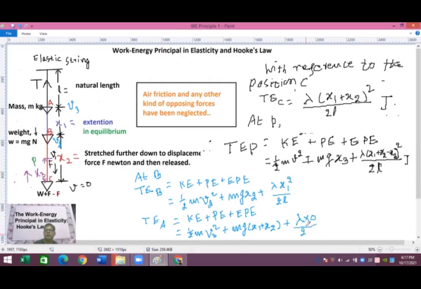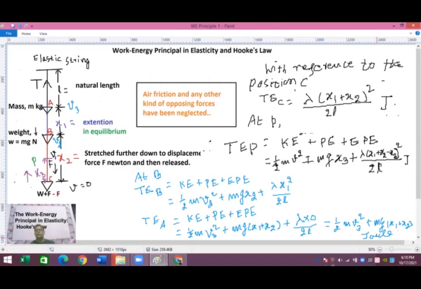There is no elastic potential energy at position A, and hence the total energy at this point is half m v3 squared plus mg(x1 plus x2) joules.